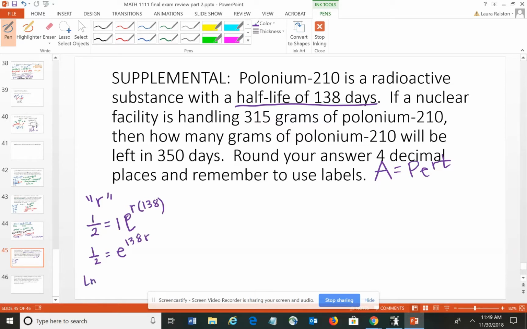I'm going to take the natural log of both sides. Again, by doing that, what I've accomplished is I've eliminated the e. So I would have the natural log of 1/2 equals 138 times r.